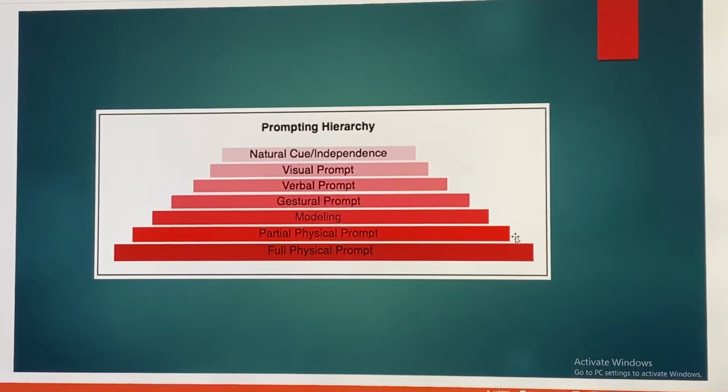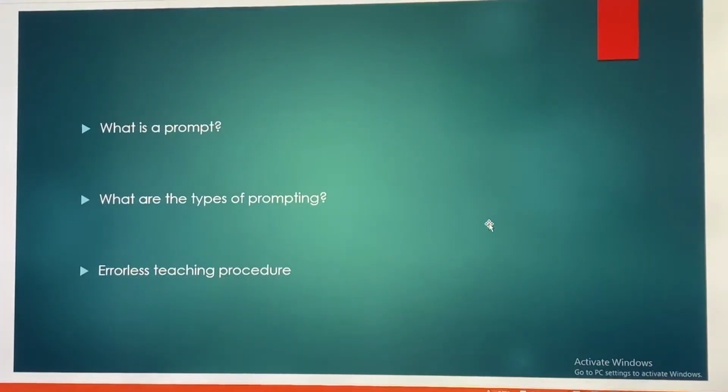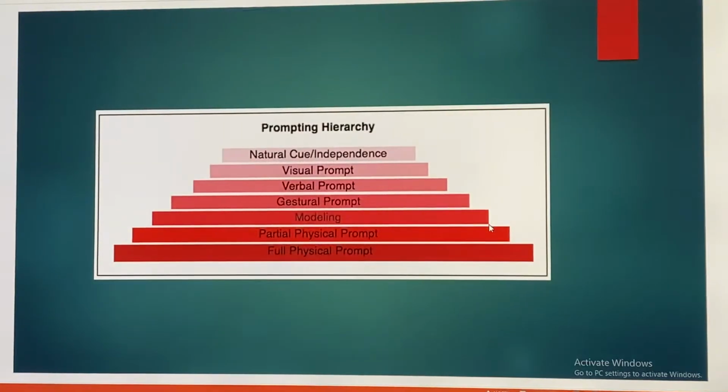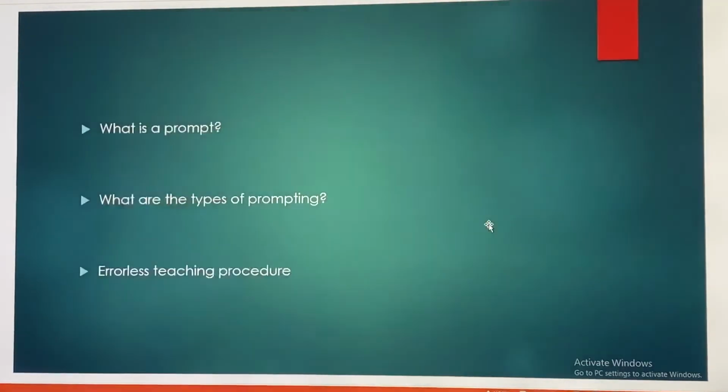So then it becomes a partial physical prompt. This goes on as we start fading our prompts from most to least physical, and the learner learns that if I continue engaging in this behavior, I will get reinforcement. And this leads to independent responding, and to learning what behavior needs to occur when the stimulus is presented.